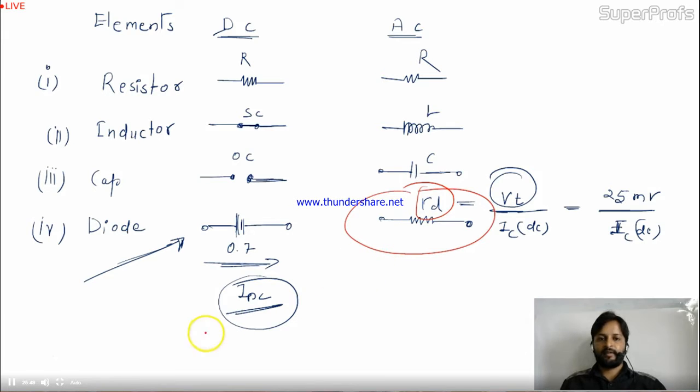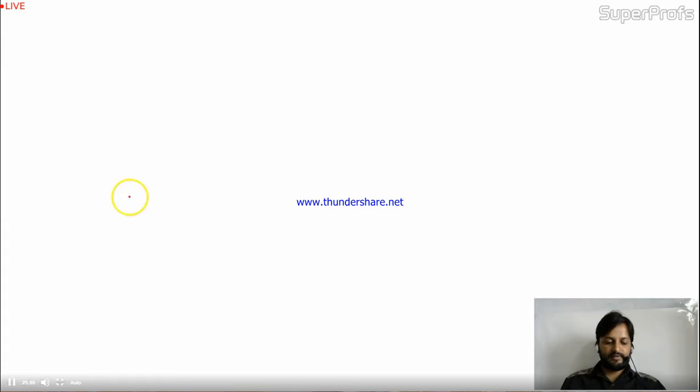Is it okay? So let me take one example based on this. Friends, the question given is: this is 1K. Here I have 4 diodes connected in series in this way.